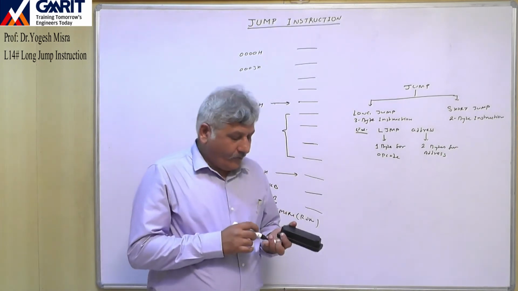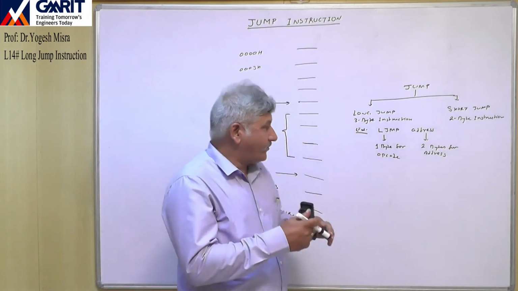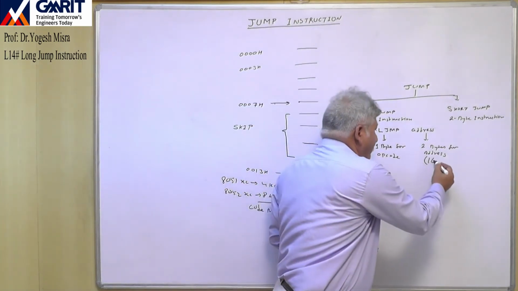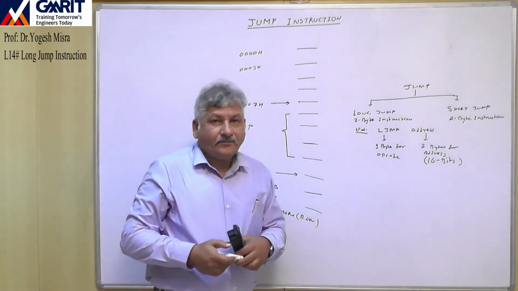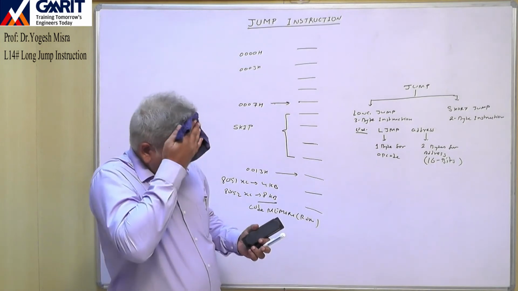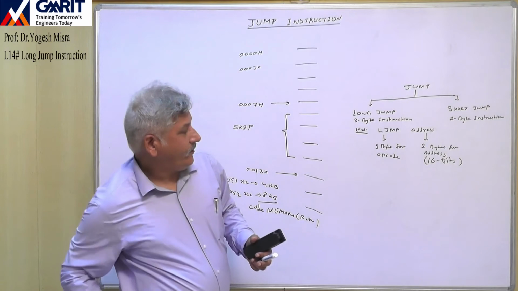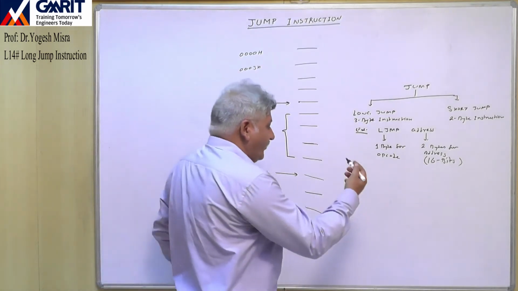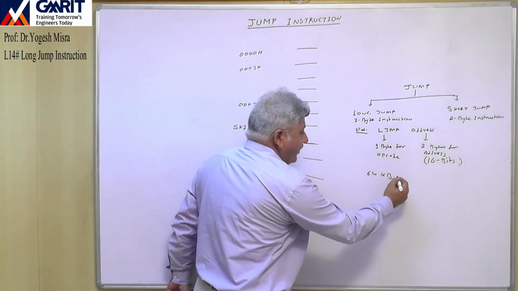Now if we have 2 bytes for the address, this means we have 16 bits to define the address. With 16 bits we can give addresses to a 64 KB memory.